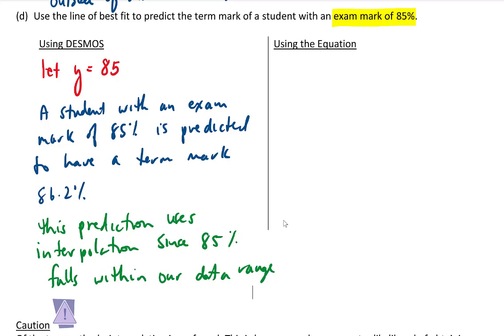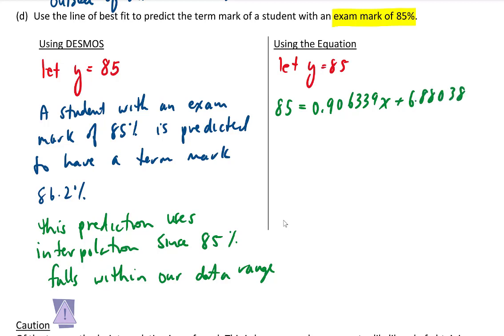Next, we can also use the equation. So same as before, we're going to let y equal 85. So we start off with the same step. Then we use our line of best fit. So we have 85 equals 0.906339x plus 6.88038.